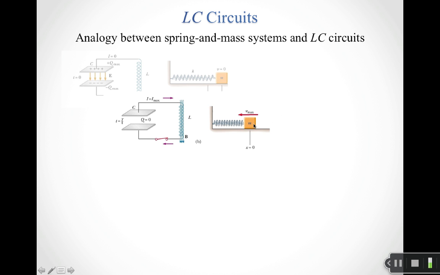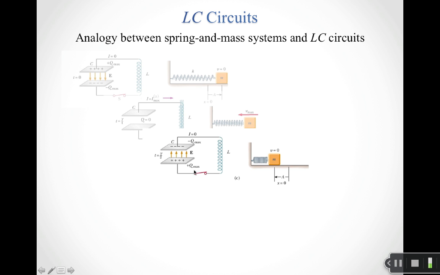I let the mass go, and it's going to move back. When it gets to equilibrium, it will be moving its fastest. Well, the current will build up, and in this case, given the fact that I started with a positively charged plate on top and negatively charged plate on bottom, that current will flow clockwise in the way this diagram is set up, and it will reach a maximum value when there's no charge left on the capacitor.